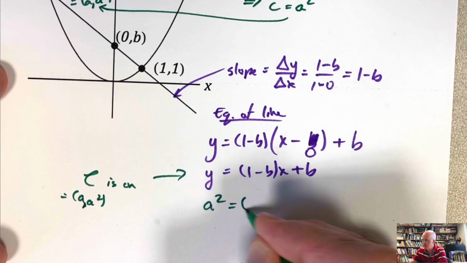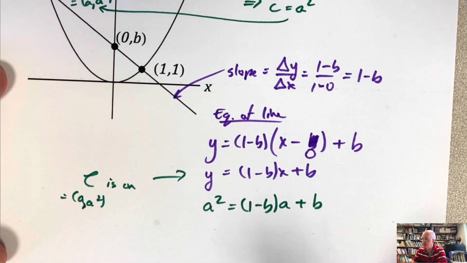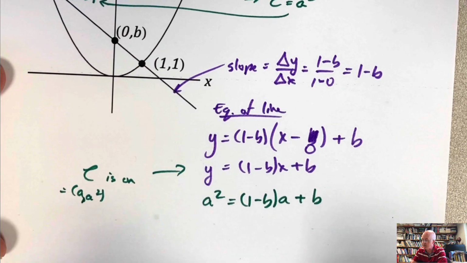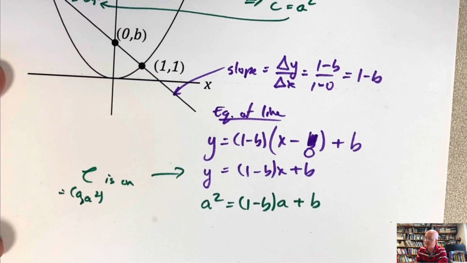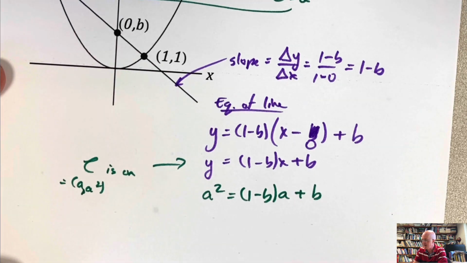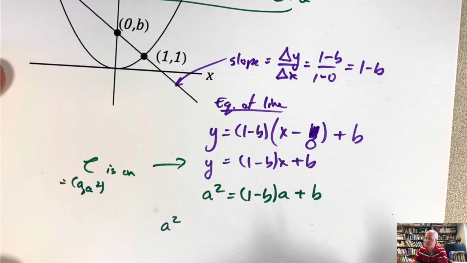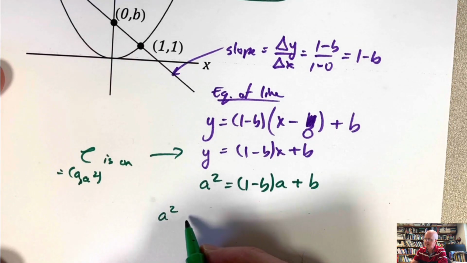Replace y with a squared. Replace x with a. My goal is to figure out the coordinates in terms of b, so I want to solve this equation for a in terms of b. That'll do it. It's a quadratic equation in a with no numbers except the 1. Usually, when you have quadratic equations, you try to get 0 on one side and then you try to factor them. That doesn't really seem like it's going to be possible here.